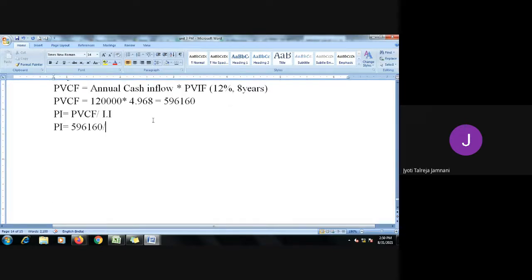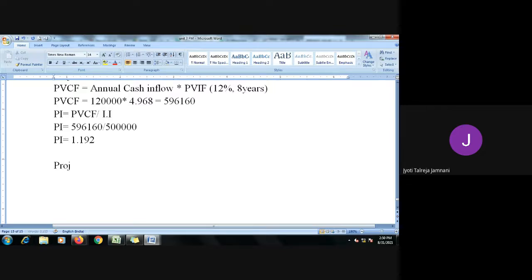So divided by 5 lakh, so you will get profitability index is equal to 1.192. So it is greater than 1. Conclusion will write at the end looking at which project can be accepted or rejected, or we can even rank them.